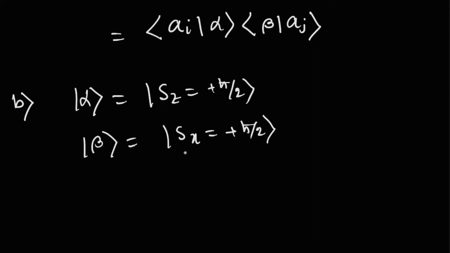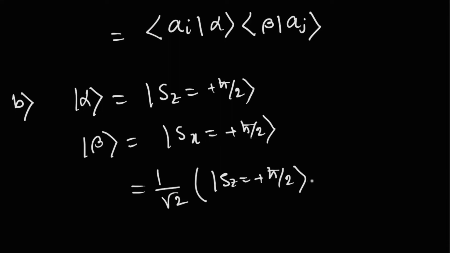As we know, Sx can be written in terms of the basis states of the Sz operator, that means it can be written as 1 by root 2 times Sz equal to plus h cut by 2 plus Sz equal to minus h cut by 2.